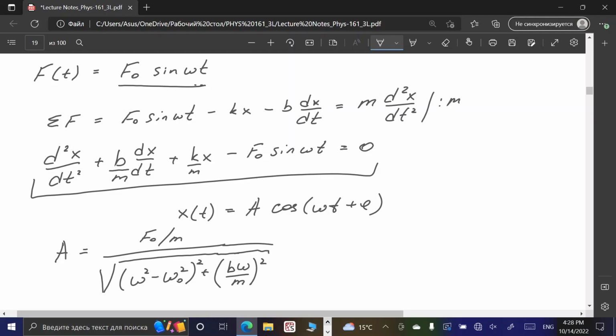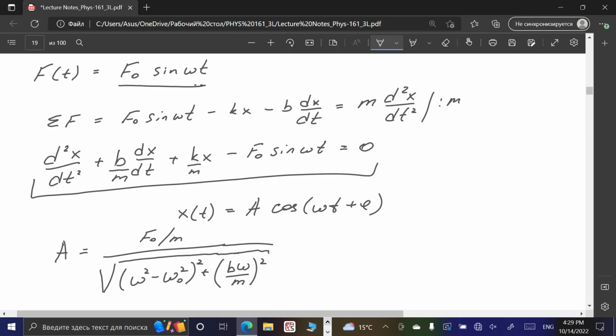So now let us look at this solution. So first of all, what we see here is that this so-called forced oscillation, this displacement as a function of time, will happen with the same frequency omega as the frequency of the external driving force.